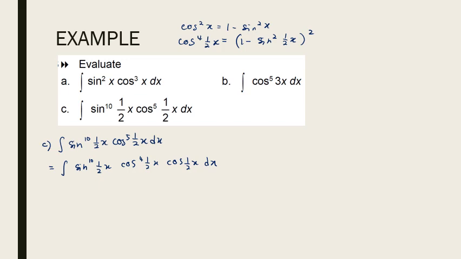Alright. So, substitute into our integration form. So, integrate sin power of 10 half x. So, cos power 4 half x is this one, which we already did. So, just replace: 1 minus sin square 1 over 2x, squared, cos half x dx.